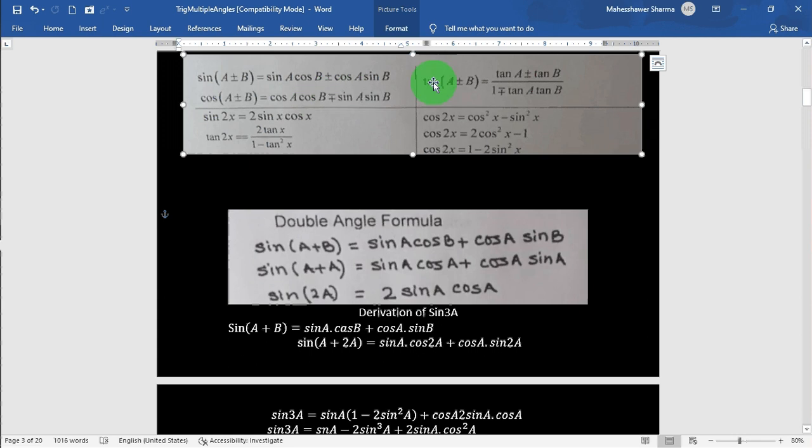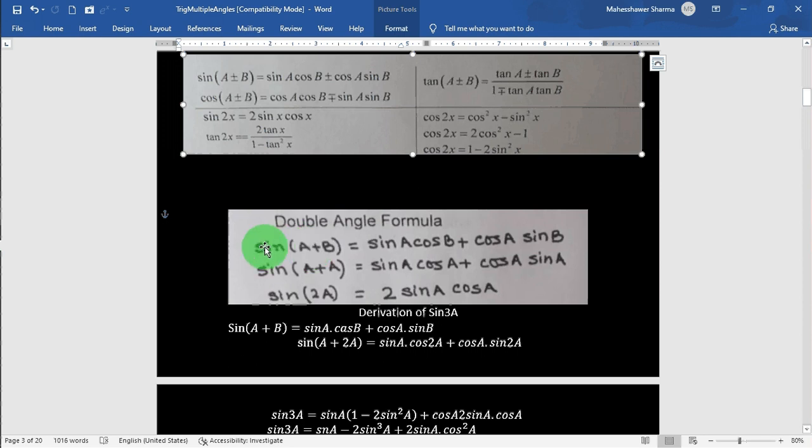Same way, tan a plus b equals tan a plus tan b upon 1 minus tan a into tan b. All these are compound angle formulas which we have already read in previous classes. Now we'll start with how to derive the multiple angle trigonometrical formulas.